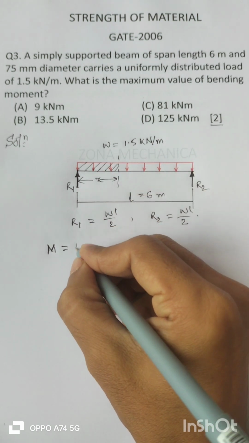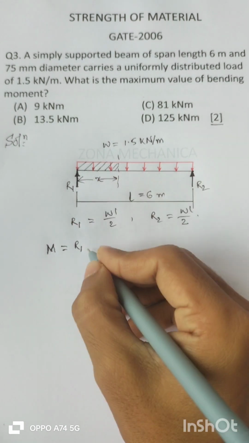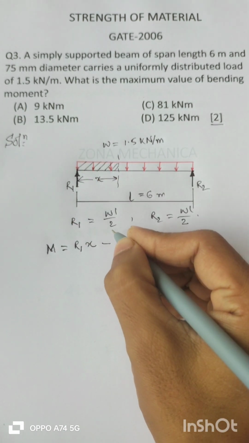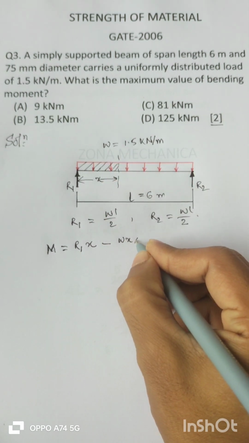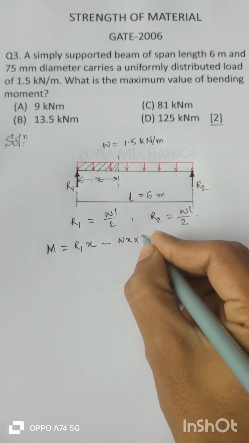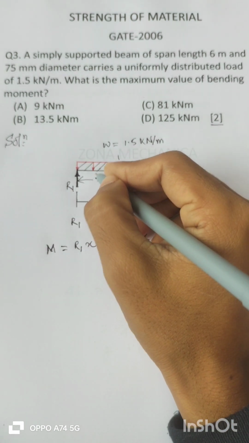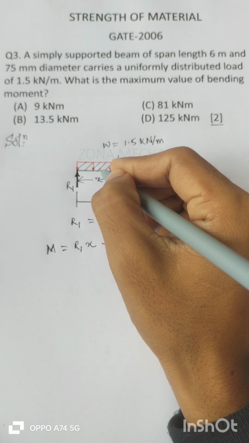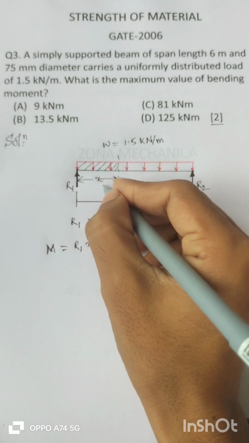So clearly the bending moment will be R1 into this distance X minus W into X into X by 2. Since it is a UDL, we can assume that the total load is acting at X by 2. So W into X, this is the load, into the distance X by 2.